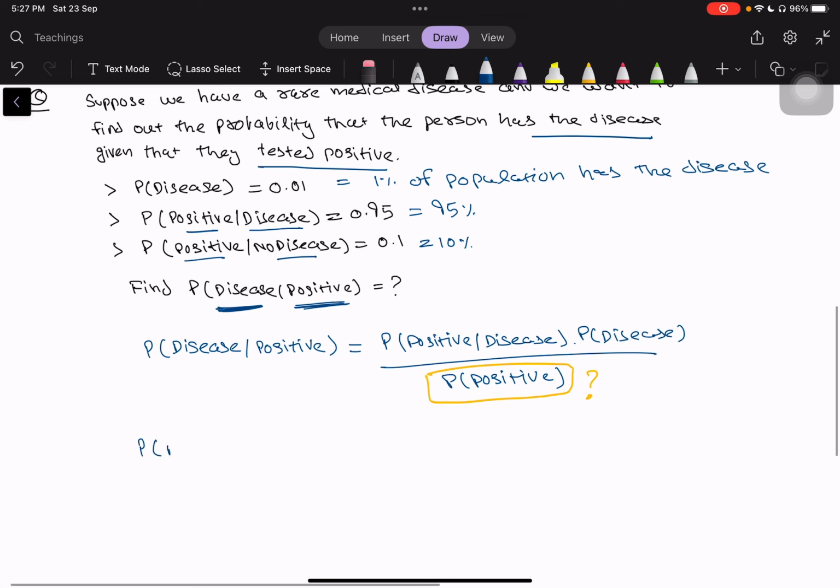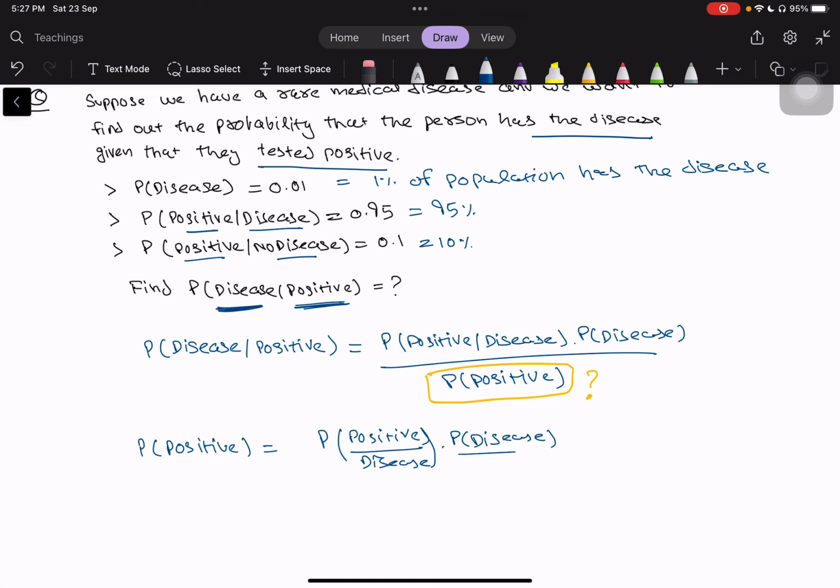Let's say probability of testing positive can occur in two cases. Probability that you get tested positive given that you have the disease multiplied by the probability of disease, because yes, you have the disease and then you get tested positive for it, right?